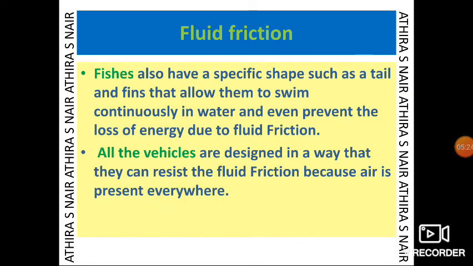Fishes also have a specific shape that we call the streamlined body. Fishes have a tail and fins that allow them to swim continuously in water and even prevent the loss of energy due to fluid friction. All the vehicles are designed in a way that they can resist the fluid friction because air is present everywhere.